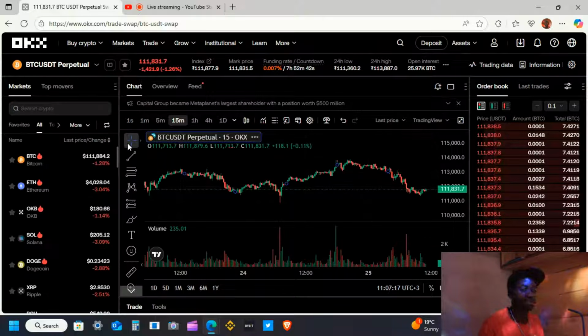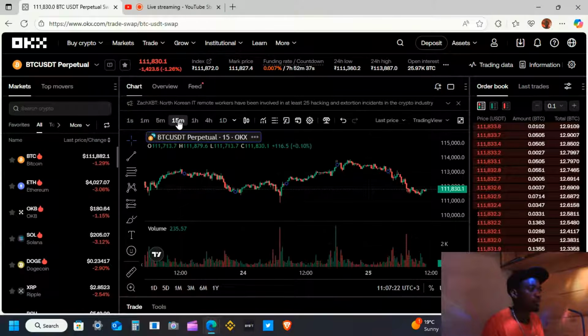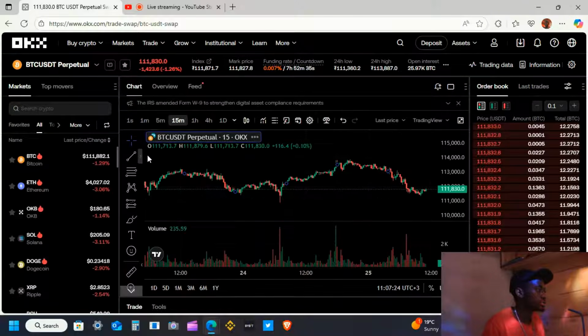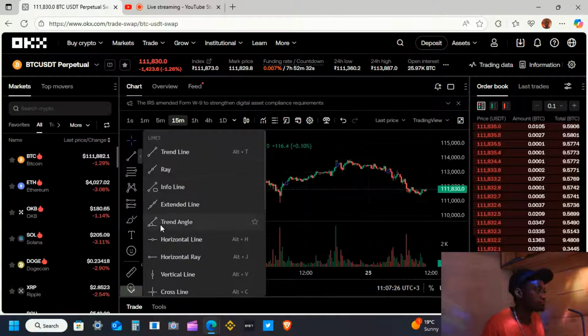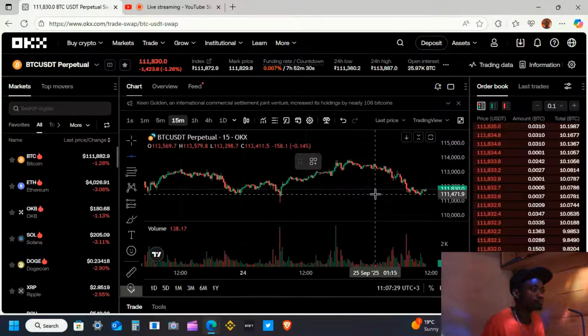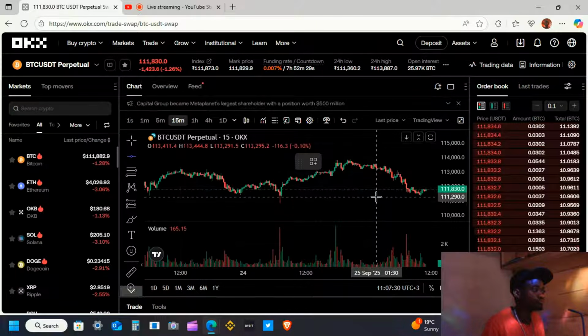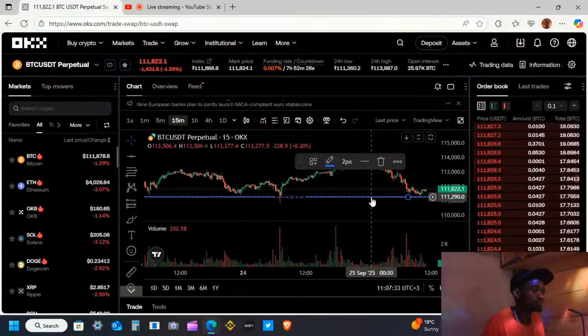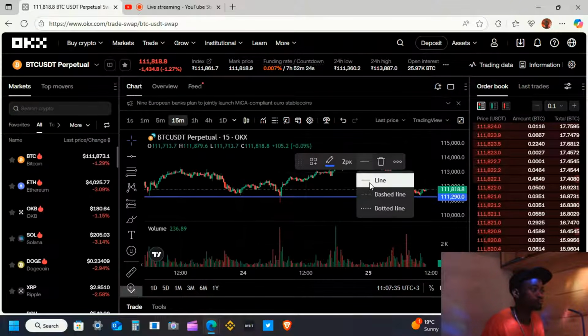This is the Bitcoin graph, 15-minute time frame chart here, and you can see it is hitting almost its support. Let me change this first.